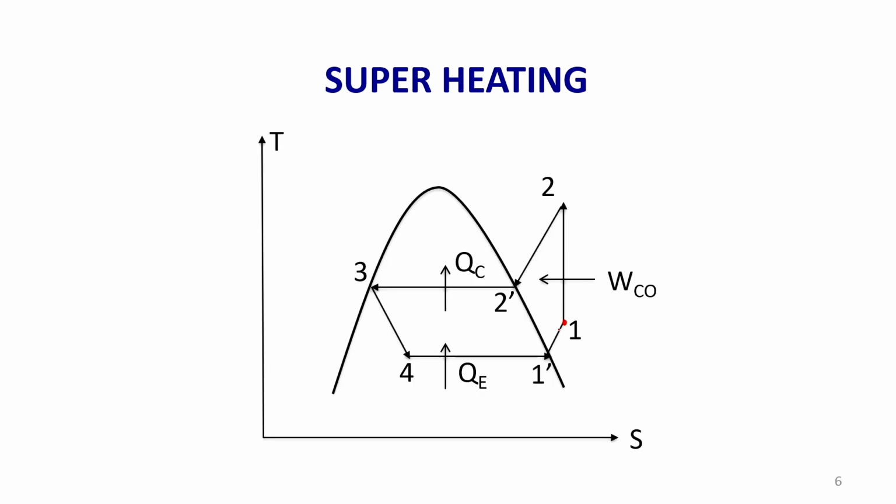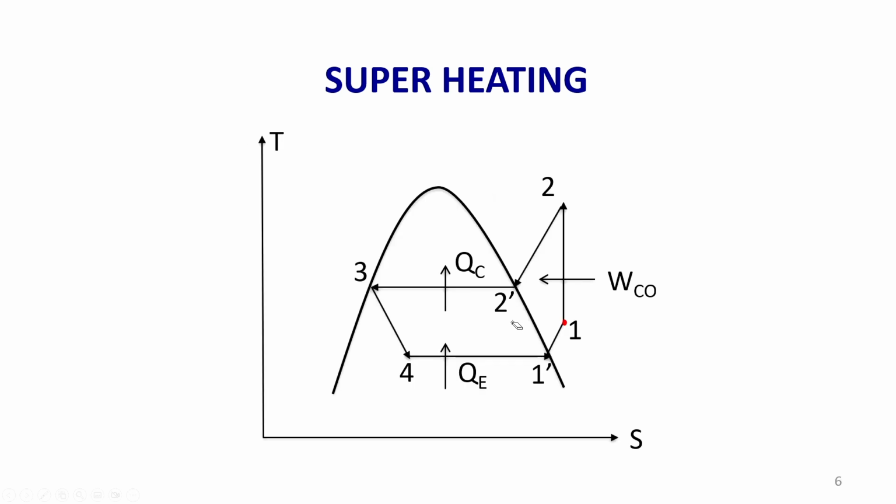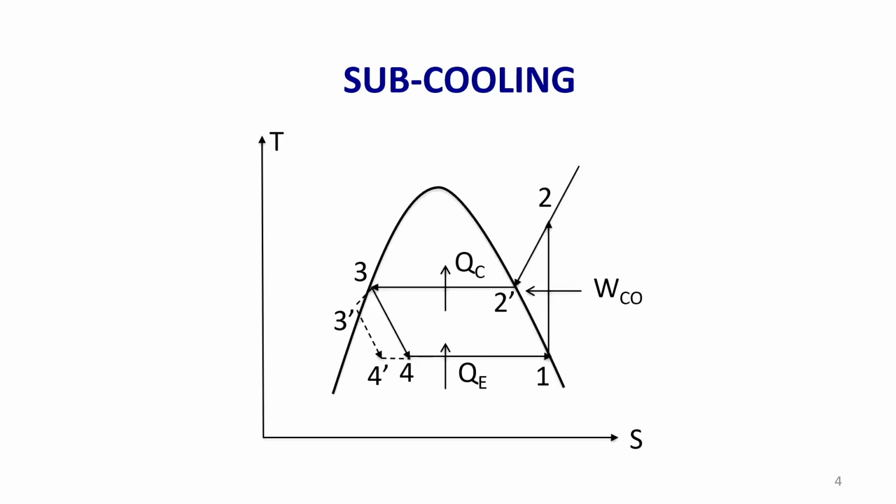Or I will write it on a TS diagram, that will be easier, that will be better. So, this is superheating. Of course, on a pH diagram, this is also superheating. And similarly, this is subcooling.